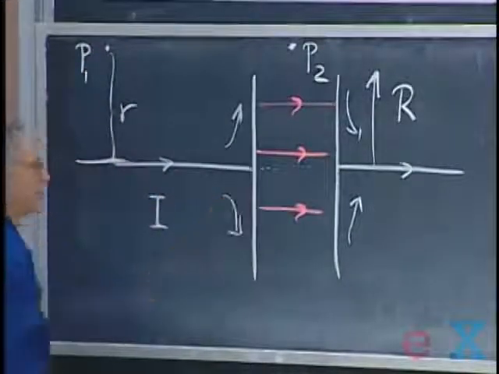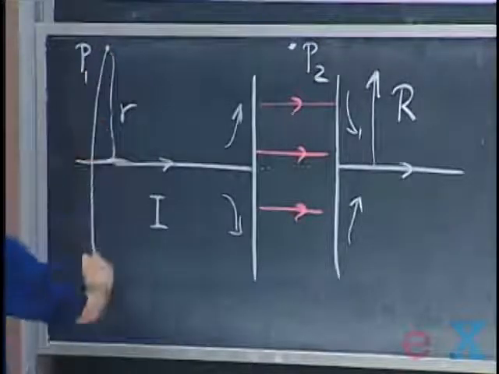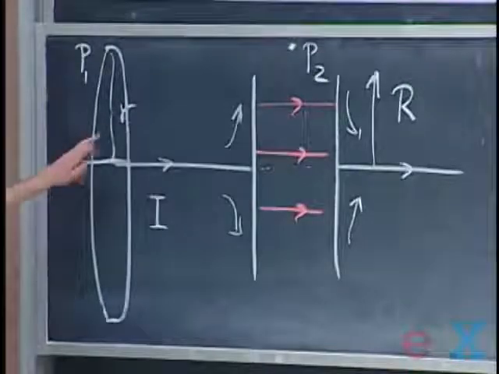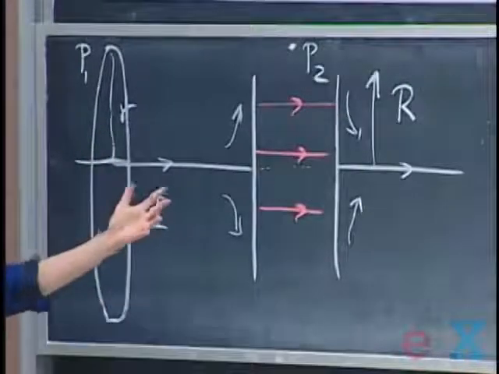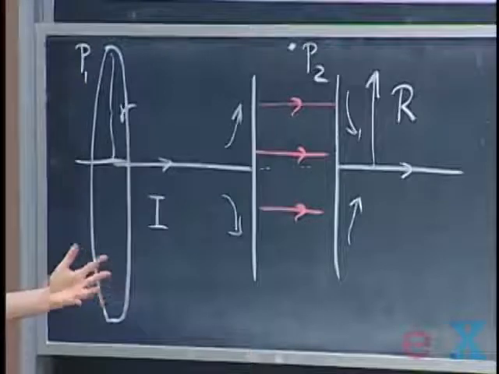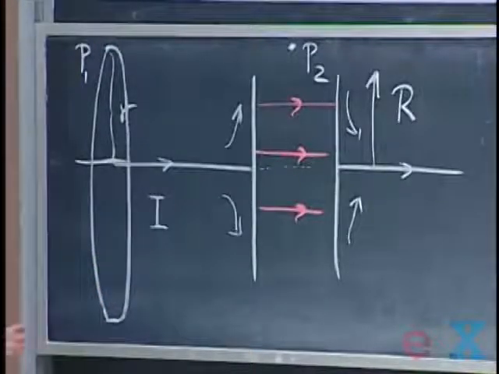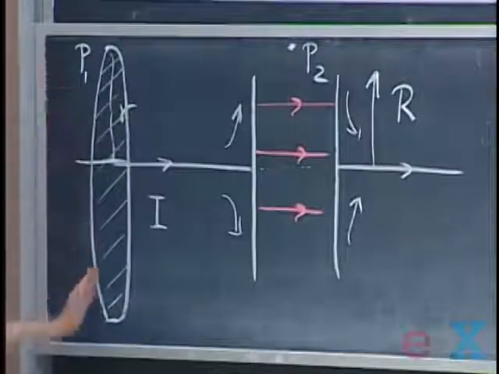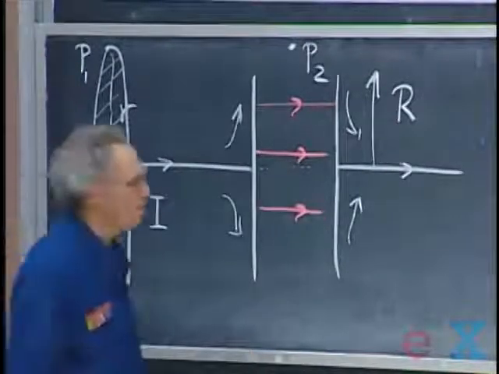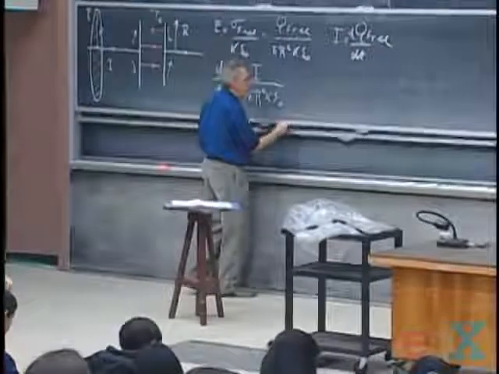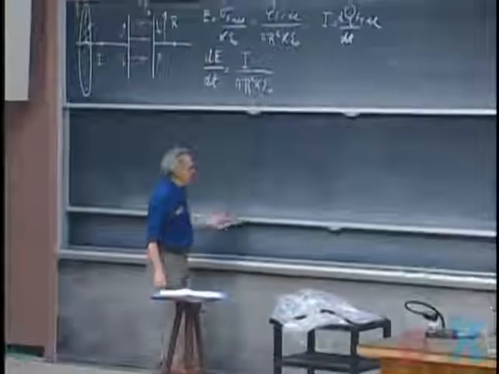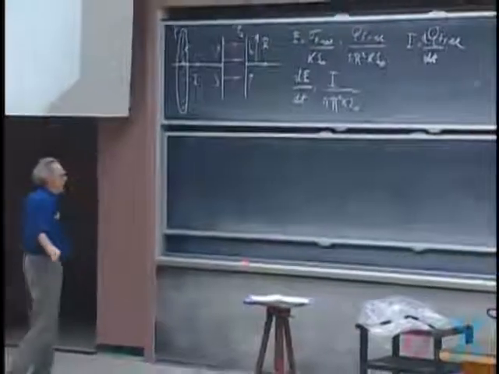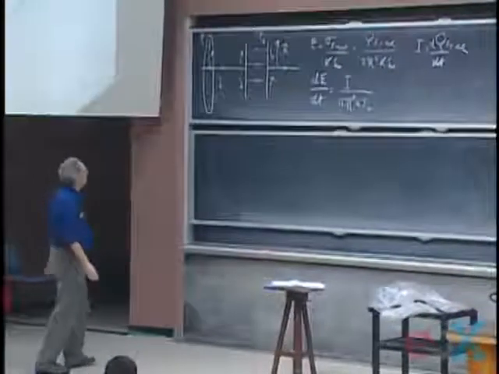This is a cylindrically symmetric problem, so I choose a closed loop, which of course itself is a circle with radius r, and I attach to this closed loop an open surface, that's mandatory, and I give myself an easy time, I make it a flat surface. So now I apply Ampere's law. Anywhere on that closed loop, the magnetic field will have the same strength for reasons of symmetry.